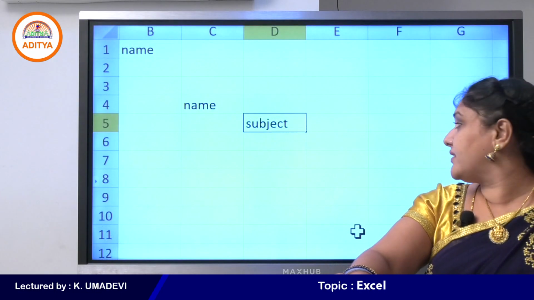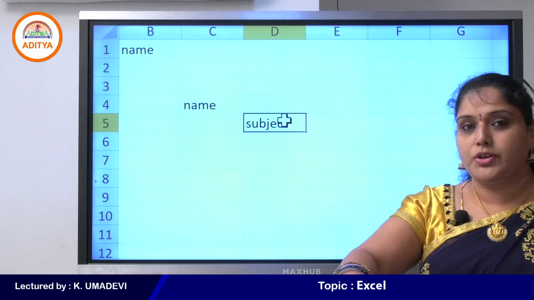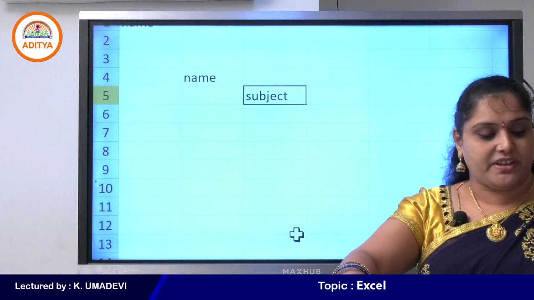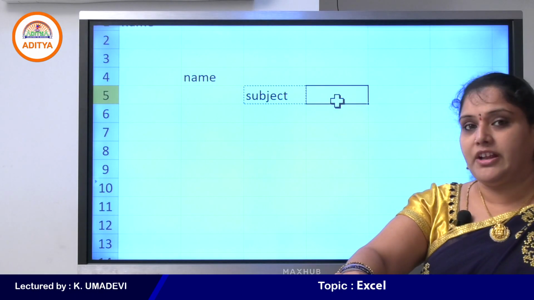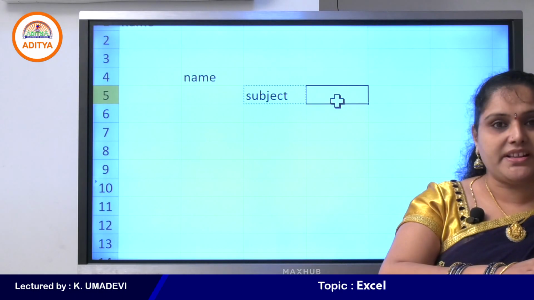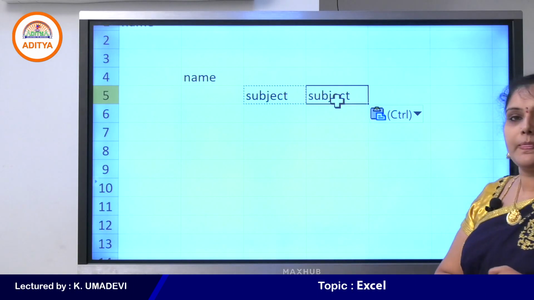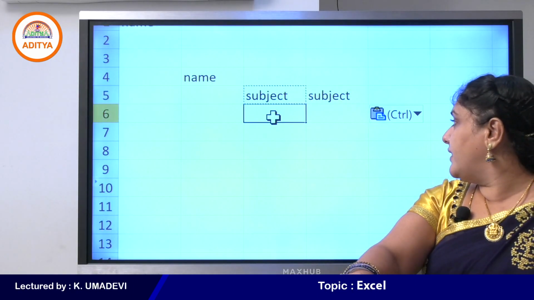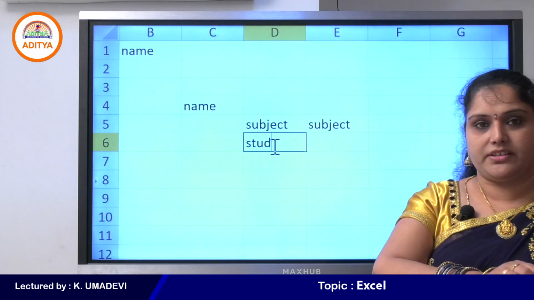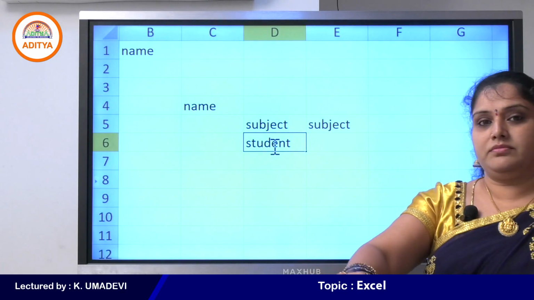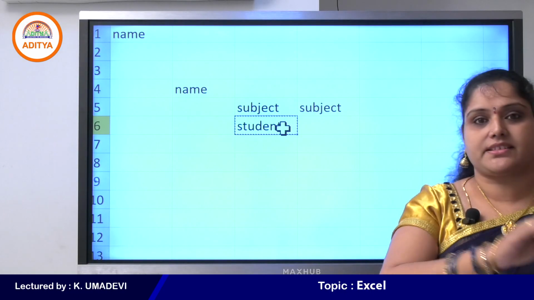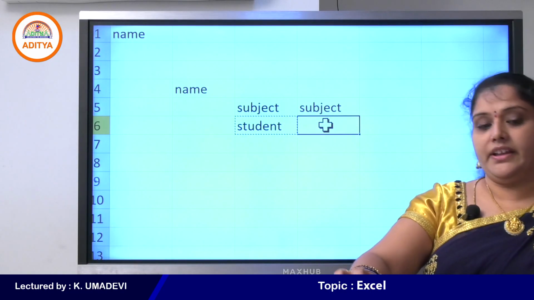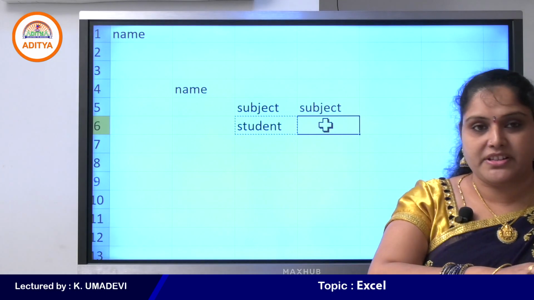So for example, if you want to copy this data by using copy option, press Ctrl plus C. And here I would like to paste it in another cell, that is press Ctrl plus V. Again enter, student. So now I would like to copy the data by using cut option. Okay, press Ctrl plus X and again I'll paste it in another cell, so that is press Ctrl plus V.